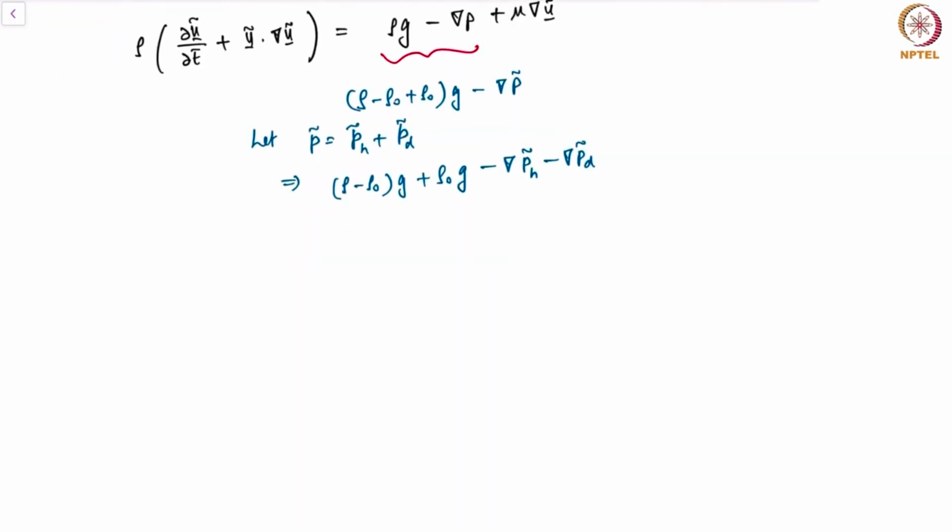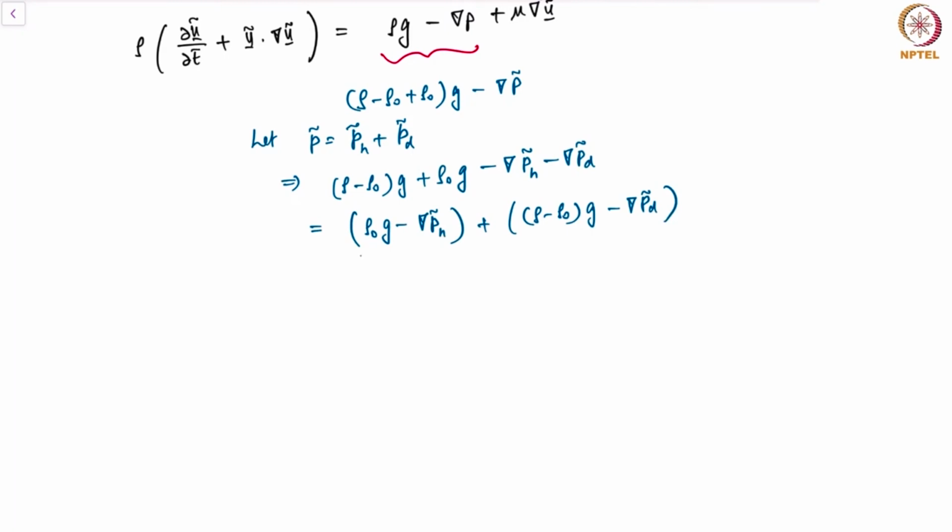Okay, and this essentially gives us rho naught times g minus grad pH. This is the one term, plus I have one more term which is rho minus rho naught times g minus grad PD. Right?